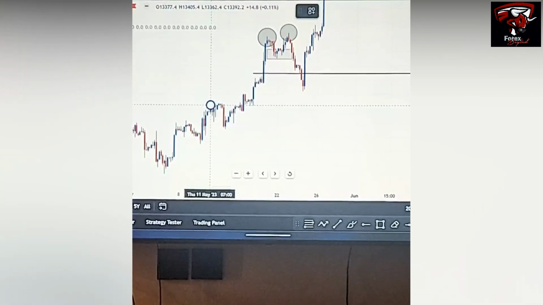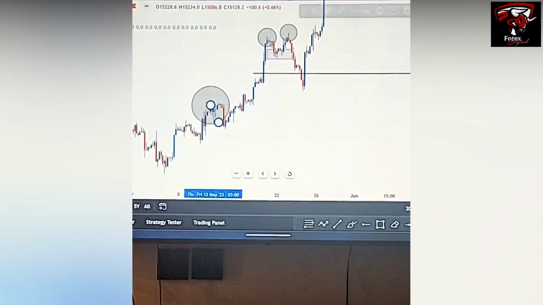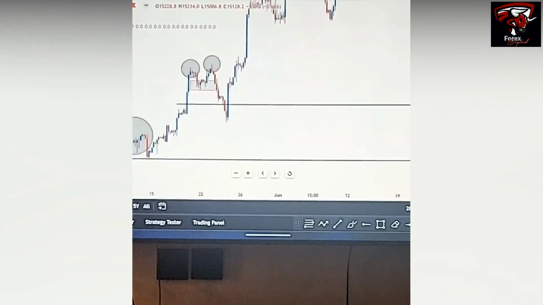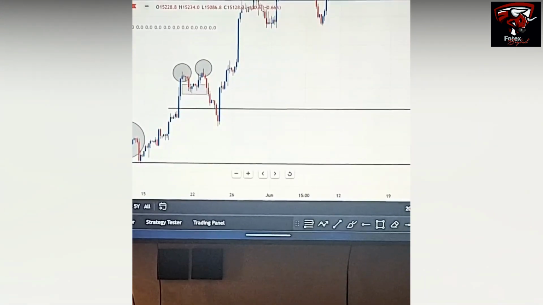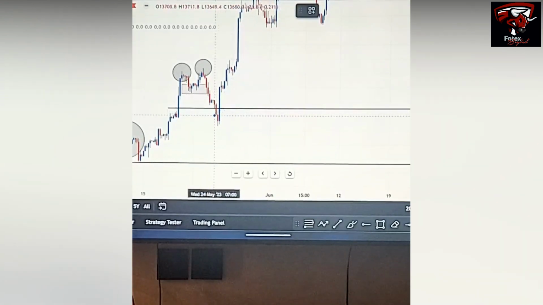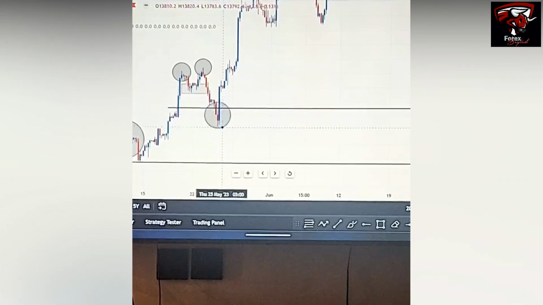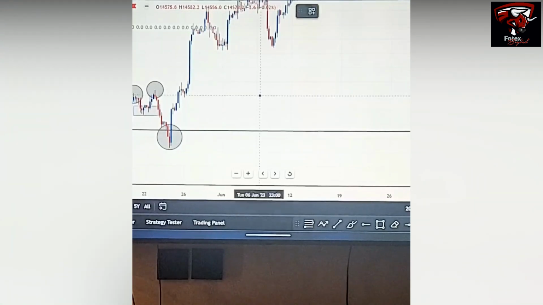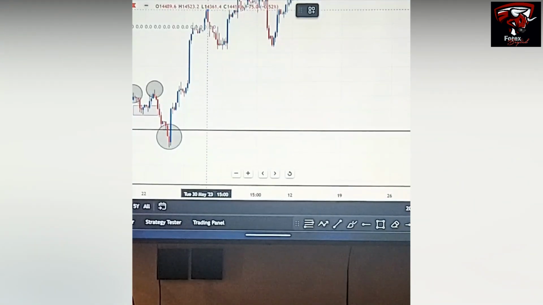So over here, they purge and they then come down, which then creates this low. So this is then the low, and that is then the high, which means that this is then the low, right? Because they're obviously going to go and create a new high.